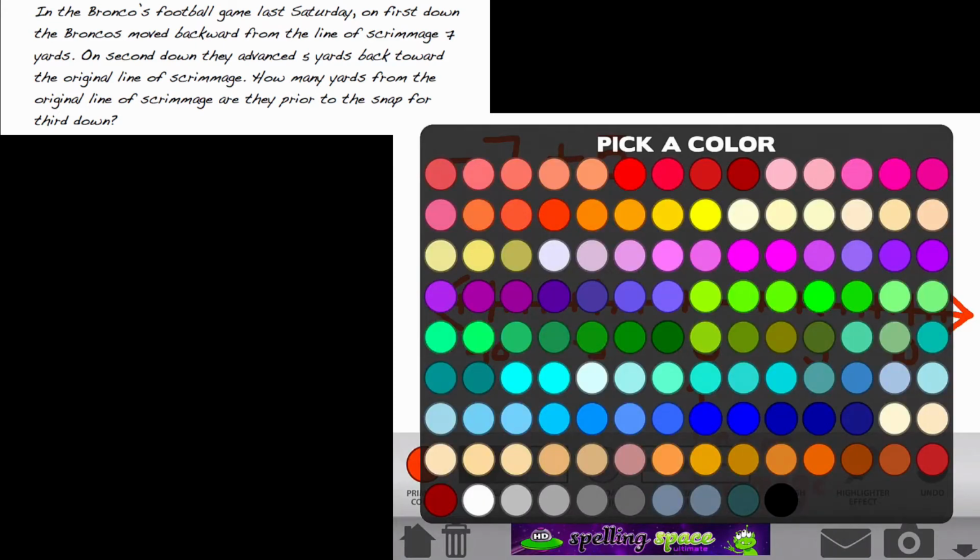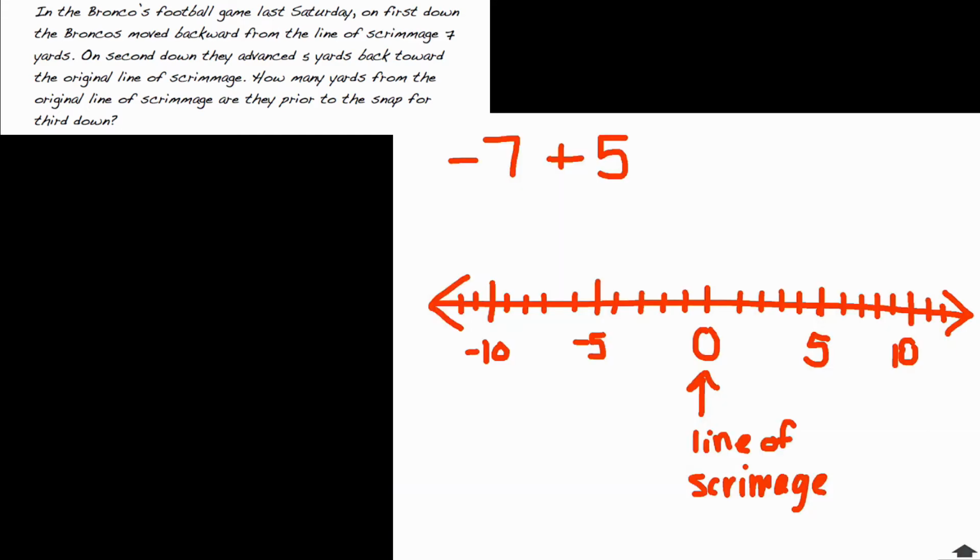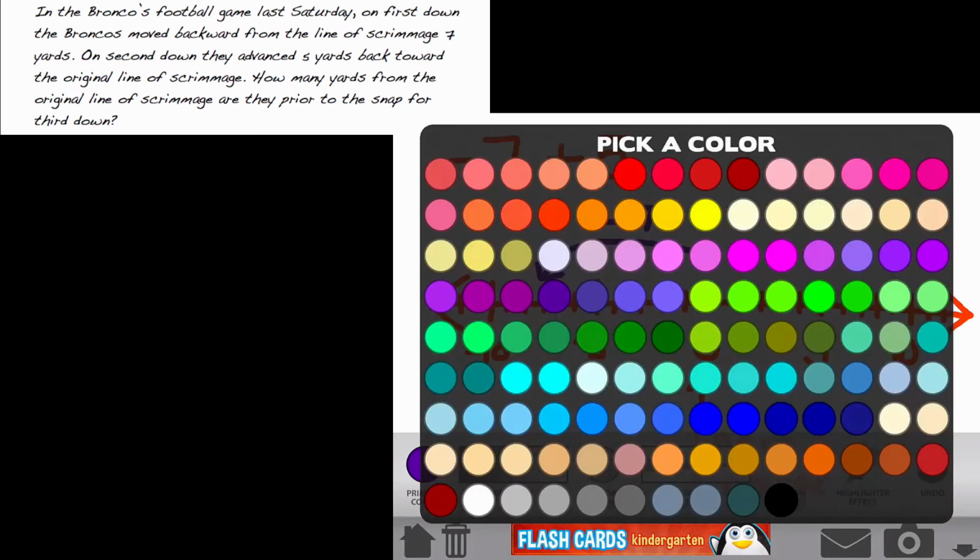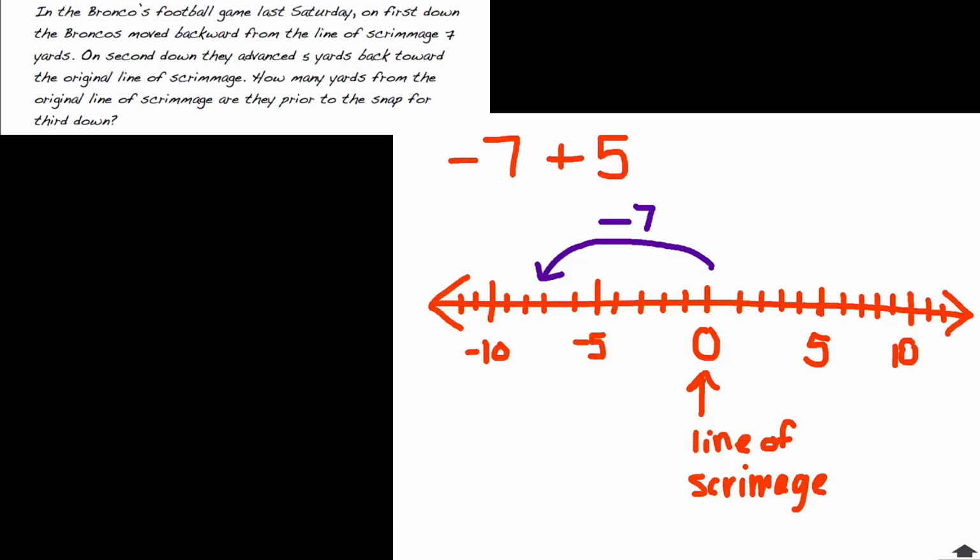The first move on first down that the Broncos made was they went backward 7 yards. So here's 5, 2 more past 5 is 7. Okay, so here we can show the -7. They went backwards 7 yards from the line of scrimmage. Then on second down, they moved forward from that point 5 yards.